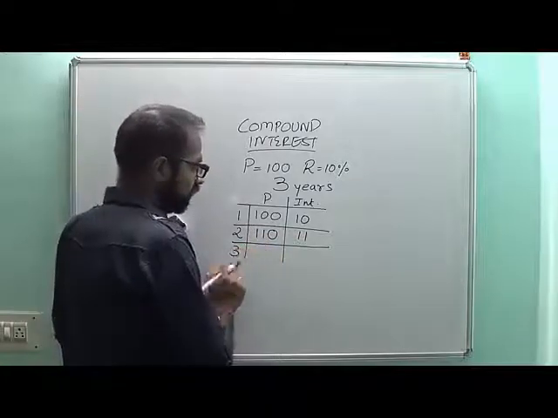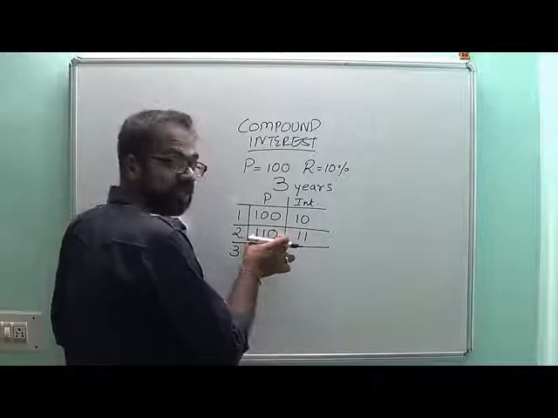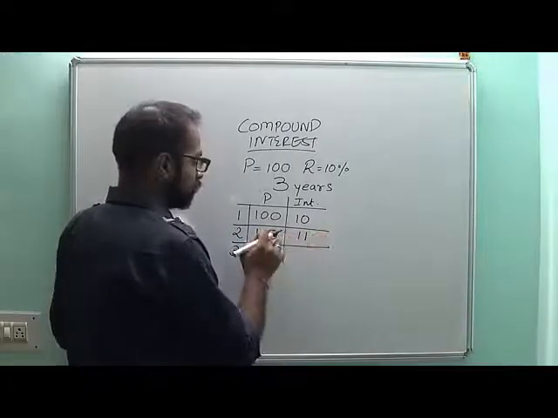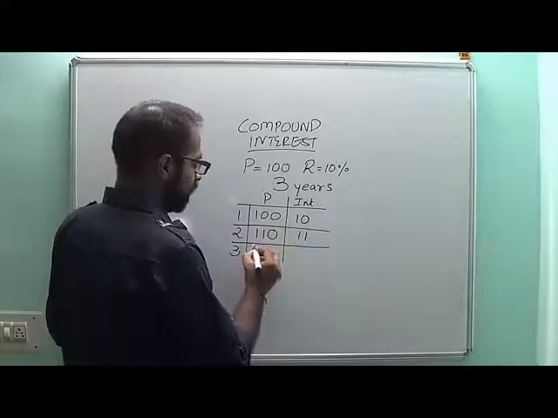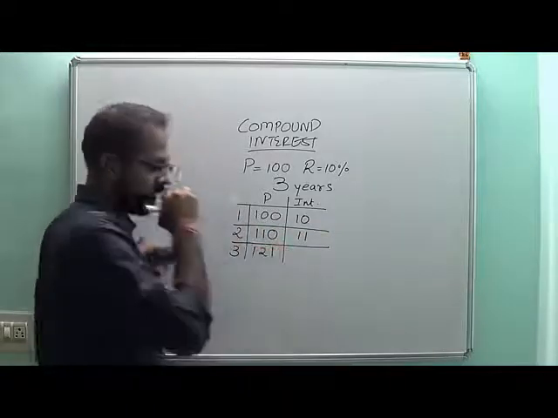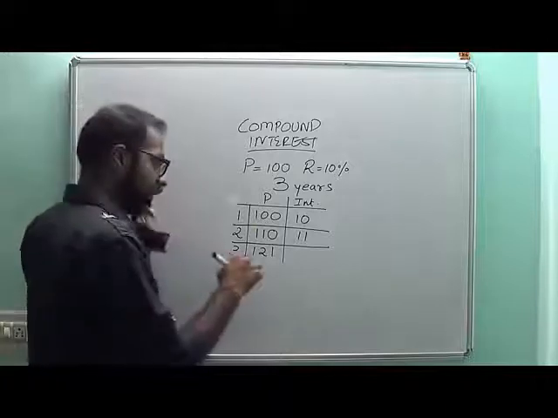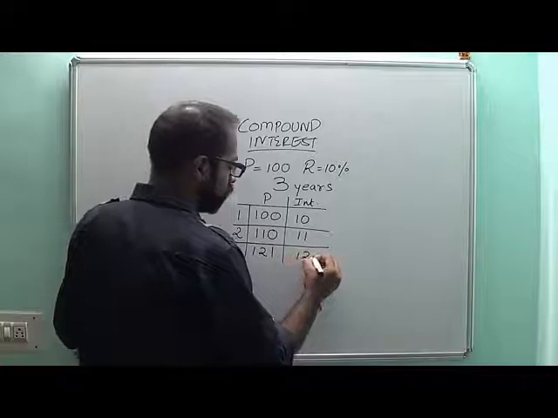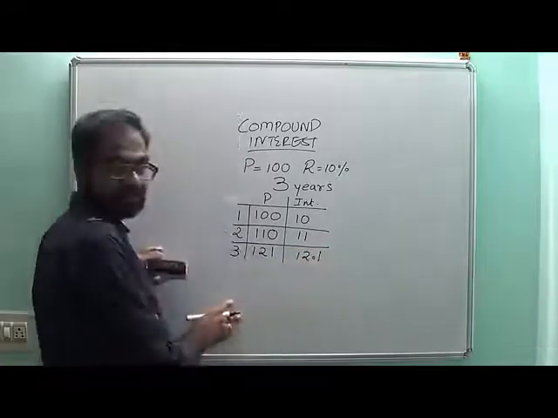For the third year, I again add the interest earned the previous year to the principal. So 110 plus 11 adds up to 121. I earn 10% of 121, which is 12.1 rupees.